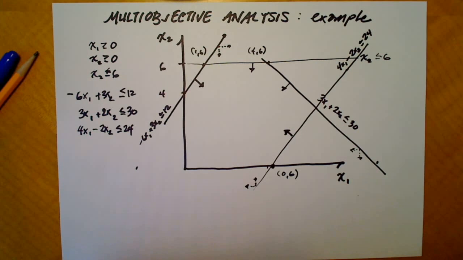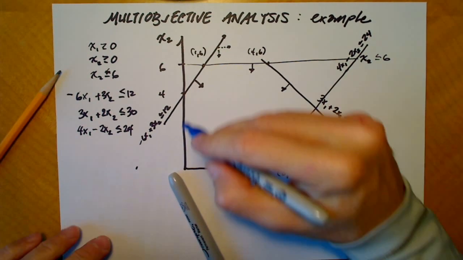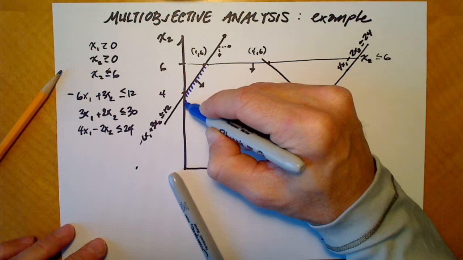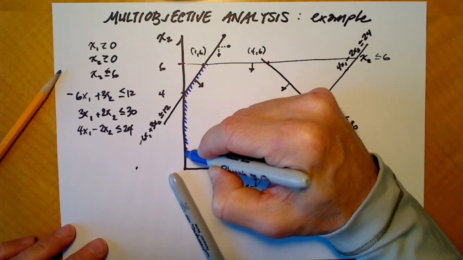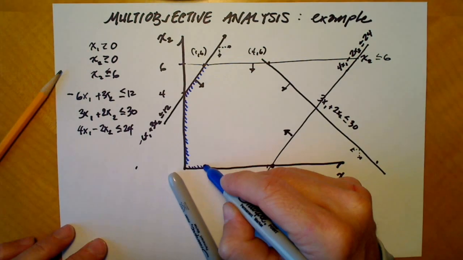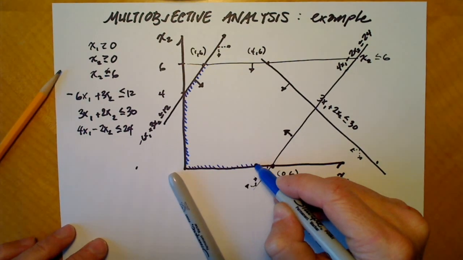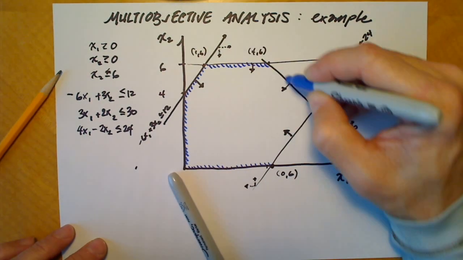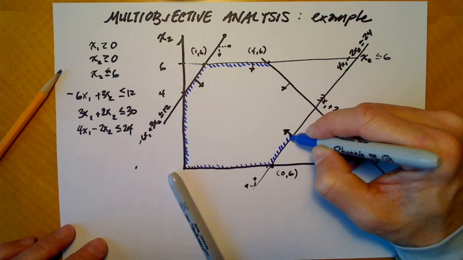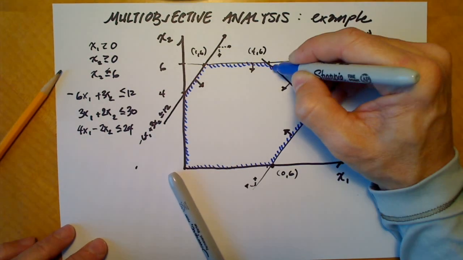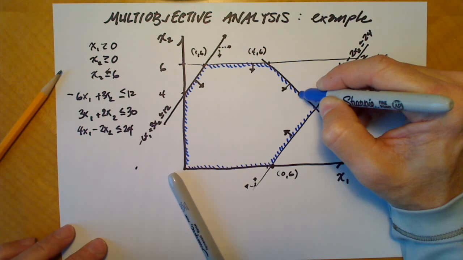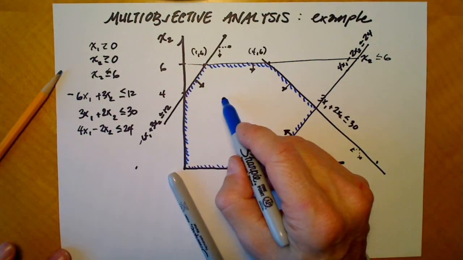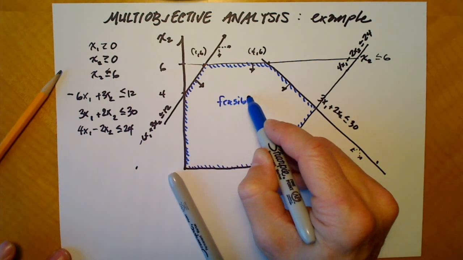And so now you can see the feasible region is inside these blue hash marks that I'm making now. Any combination of x1 and x2 that is outside this area is not a feasible solution.